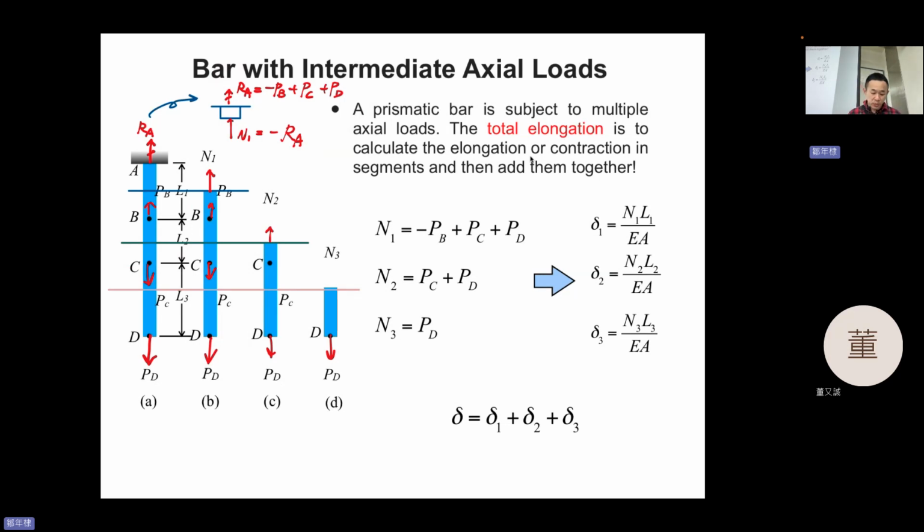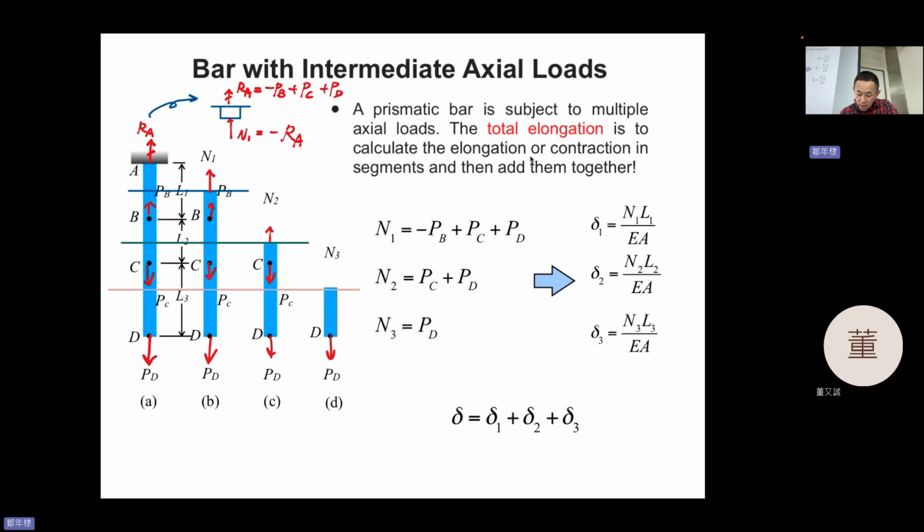So this is N2, and PC. So N2 minus PC minus PD equal to 0. So N2 equal to PC plus PD. No problem, in the direction you assumed.